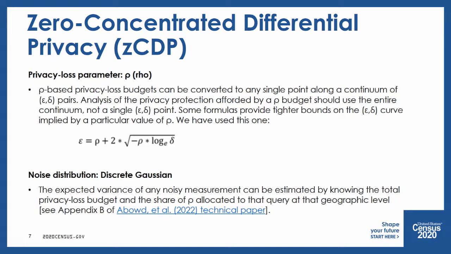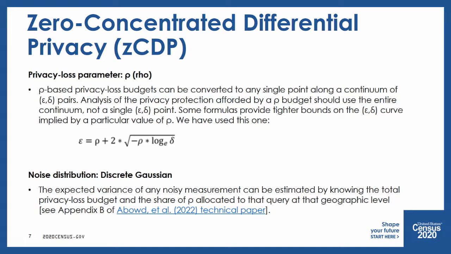I will actually defer to some much more knowledgeable people about that in this audience. So the question was, I mentioned in my talk that rho-based allocations of privacy loss budget don't correspond to any single epsilon-delta equivalent.